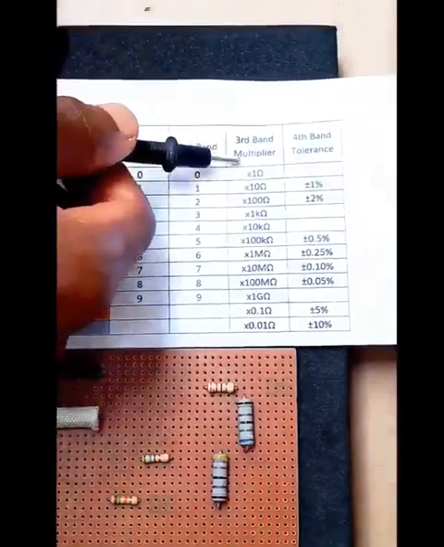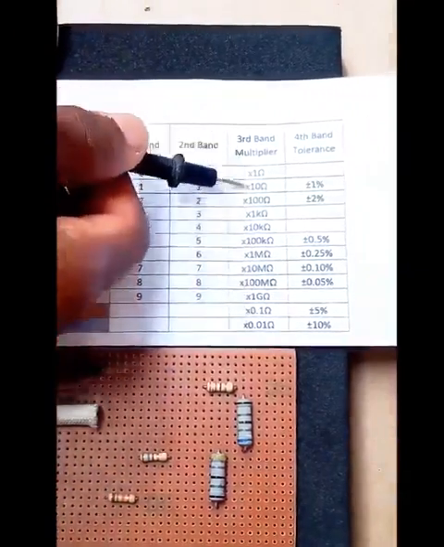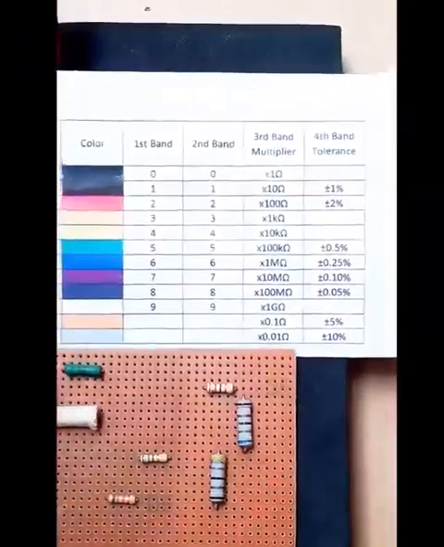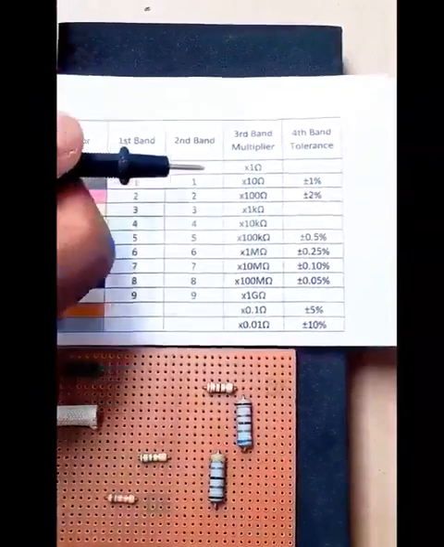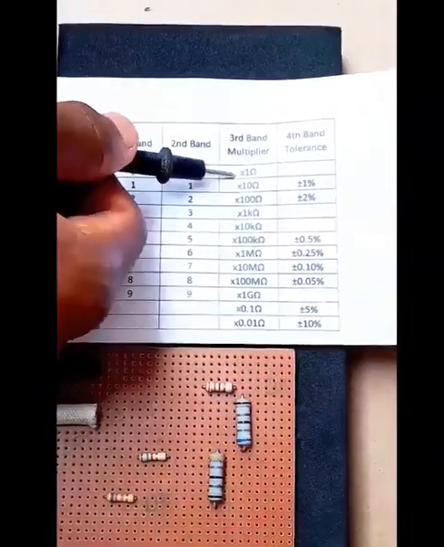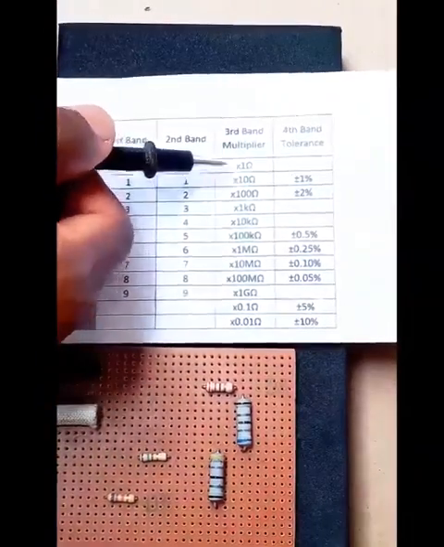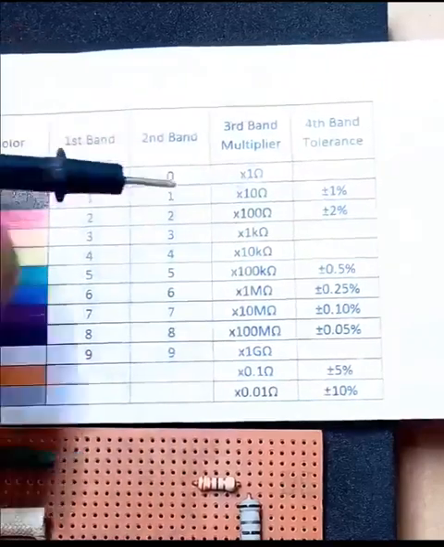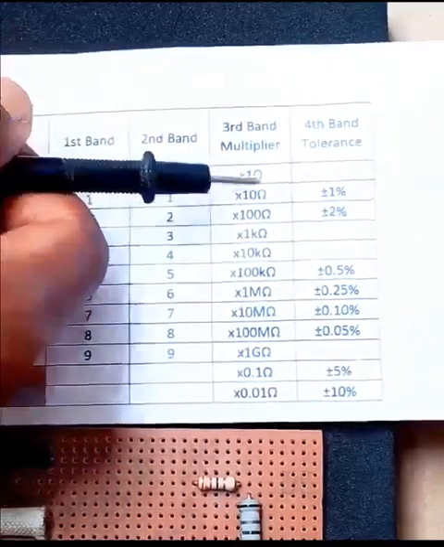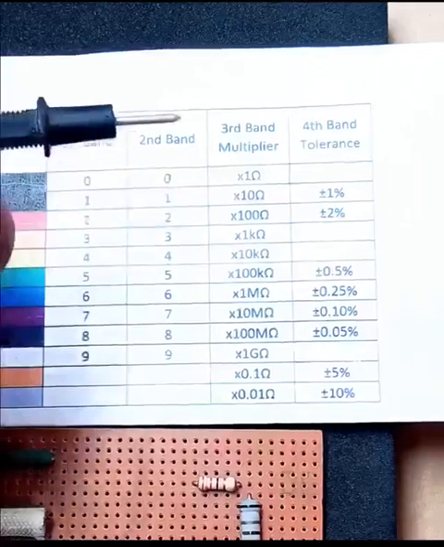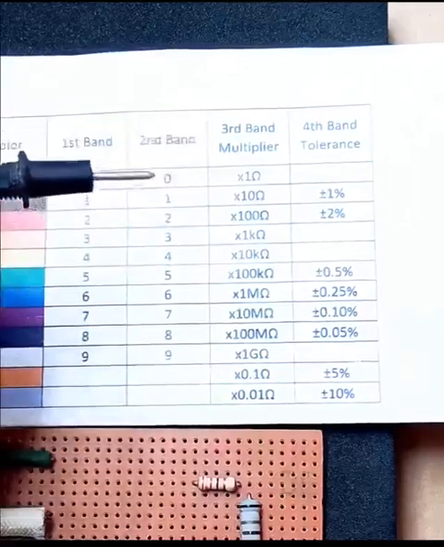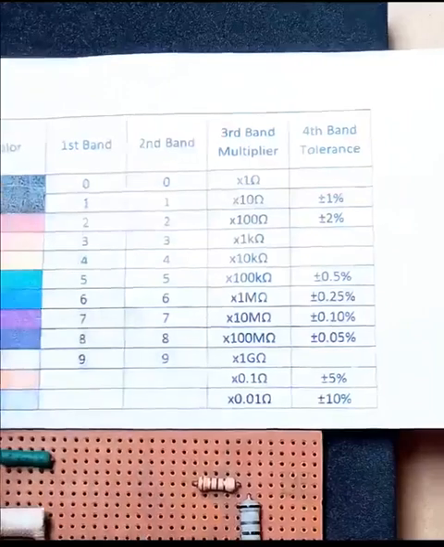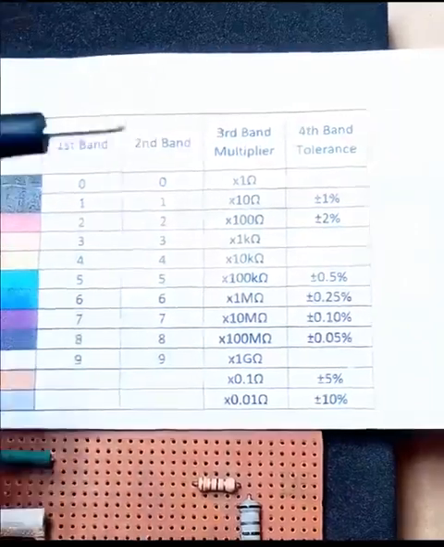The multiplier represents the power of 10. In this chart, the power of 10 is simplified. For example, the power of 10 for 1 is the same as 10 raised to the power of 0. You can say exponential 0.